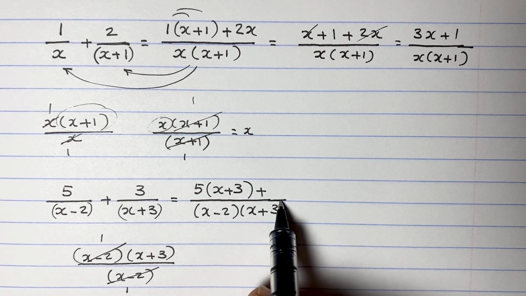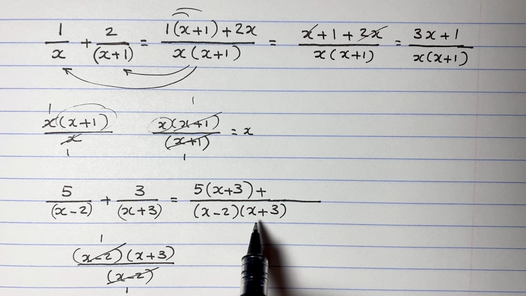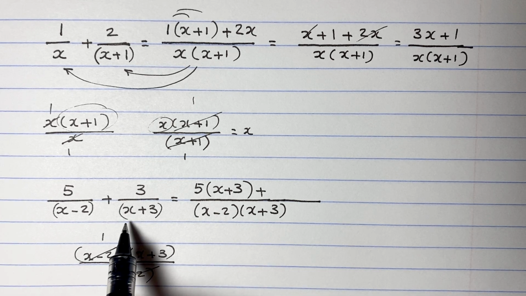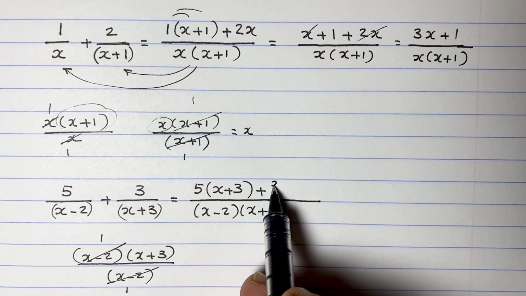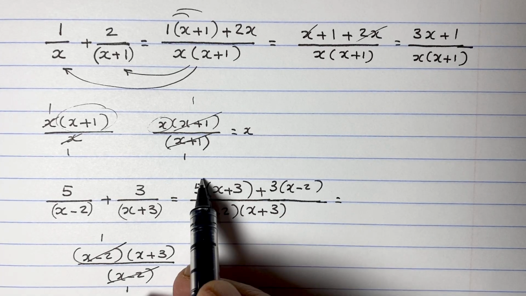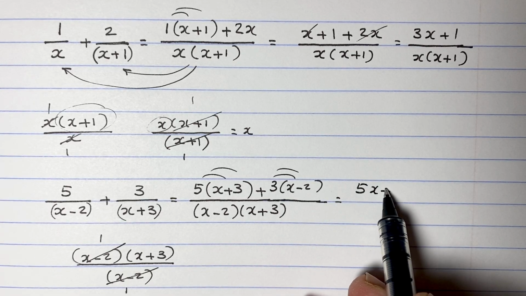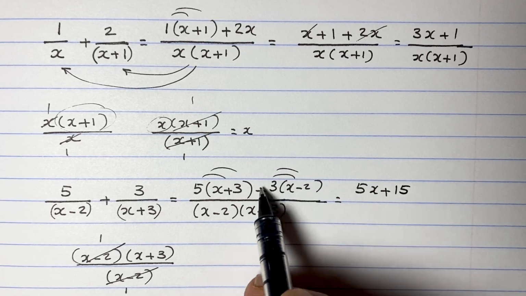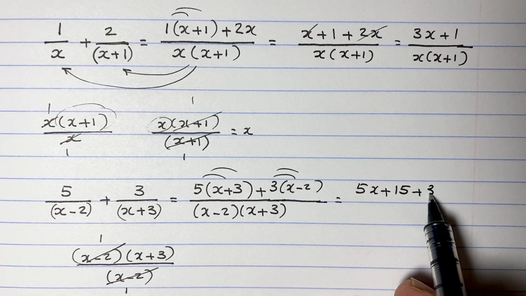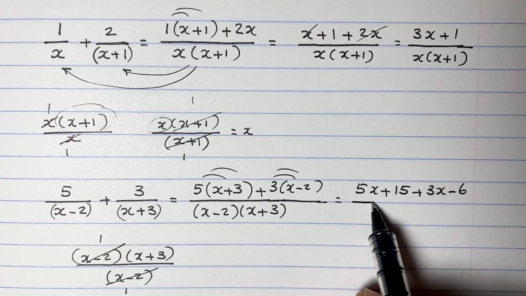Then plus, repeat, (x minus 2) times (x plus 3) divided by (x plus 3) leaves you with x minus 2, times the top, 3 bracket open x minus 2. Removing the brackets, 5 times x, 5 times 3, plus 3 times x, plus 3 times minus 2 is minus 6.